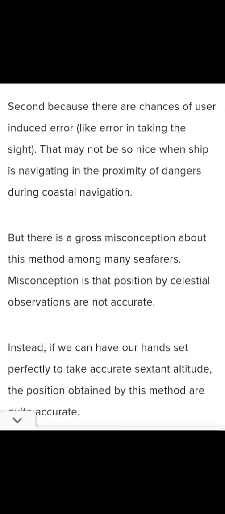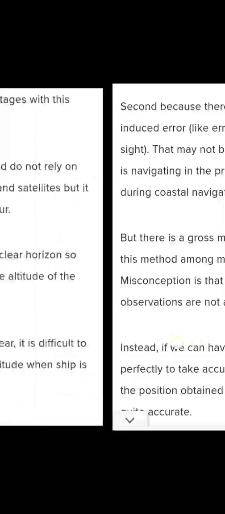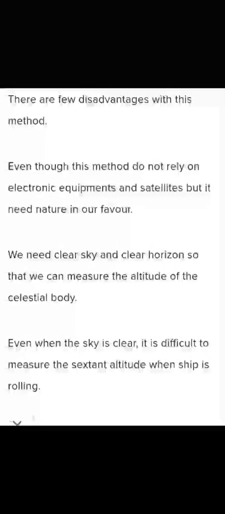But there is a gross misconception about this method among many seafarers. The misconception is that positions by celestial observations are not accurate. Instead, if we can take perfectly accurate sextant altitudes, the positions obtained by this method are quite accurate.